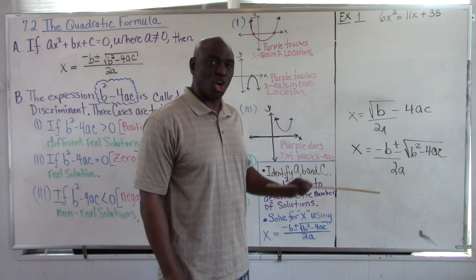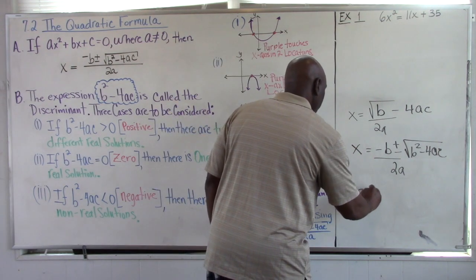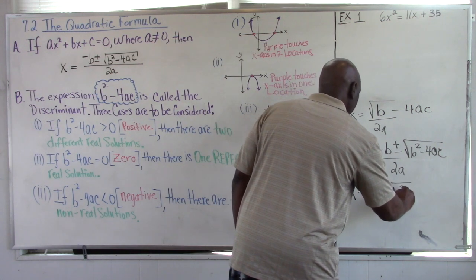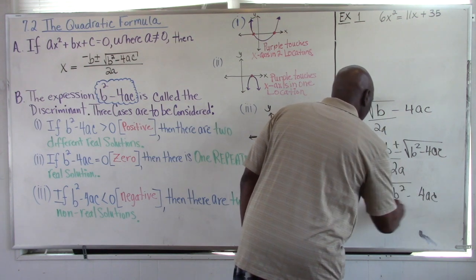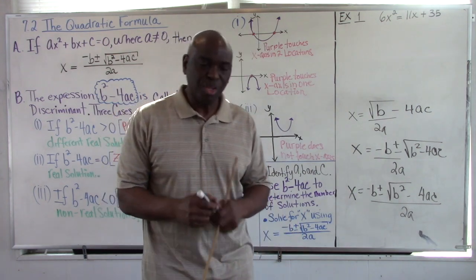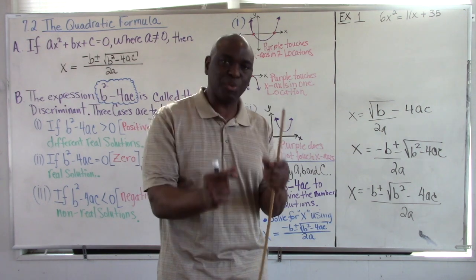Really? Wrong. Another mistake: x equals negative b plus or minus the square root of b squared minus 4ac all over 2a, with the line not covering everything. Wrong again. When you're writing the quadratic formula, you have to write it precisely, accurately, correctly.